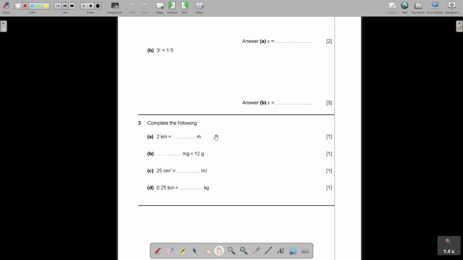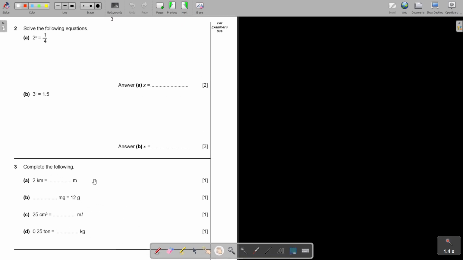Okay, I'm just going to move it. Solve the following equation. Again, I want to first always tell you where to find it in my textbooks.